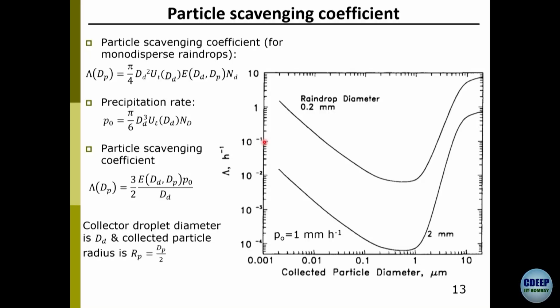Now, if you plot your scavenging coefficient here as a function of particle diameter, and you have the same two drop diameters, which was 0.2 millimeters and 2 millimeters that you had in the single collector efficiency figure, now your lines don't cross over.